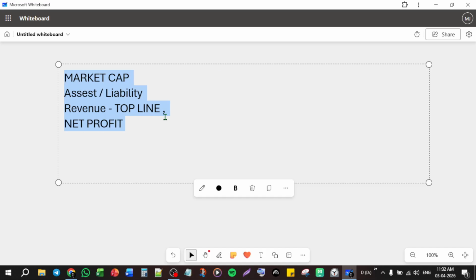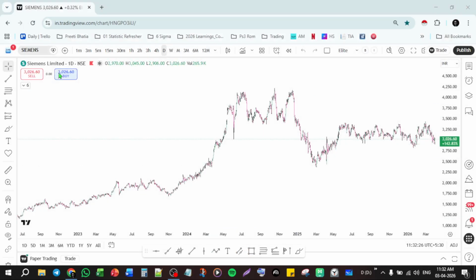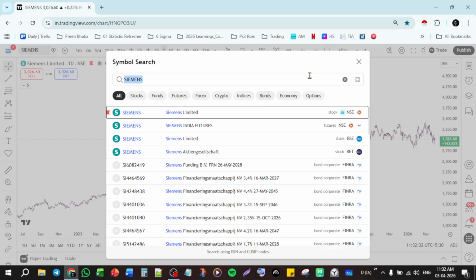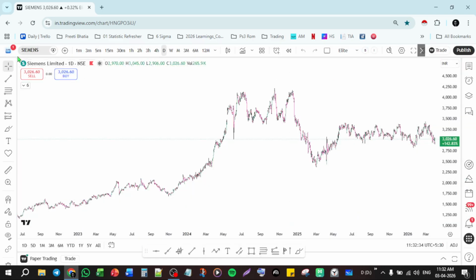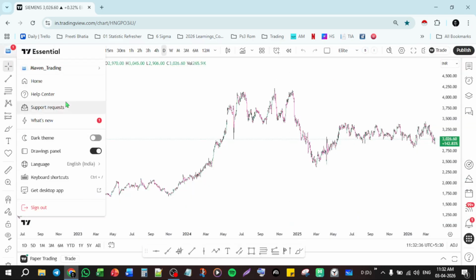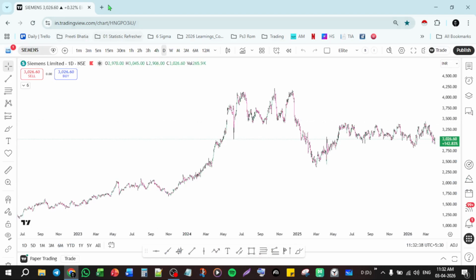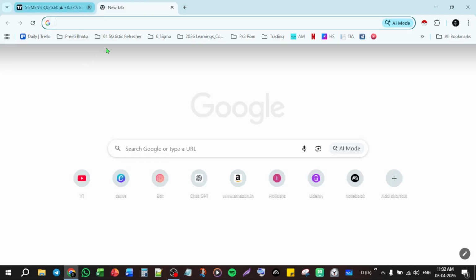So how do you do this? You basically go to TradingView. I'm going to show you a simple method.